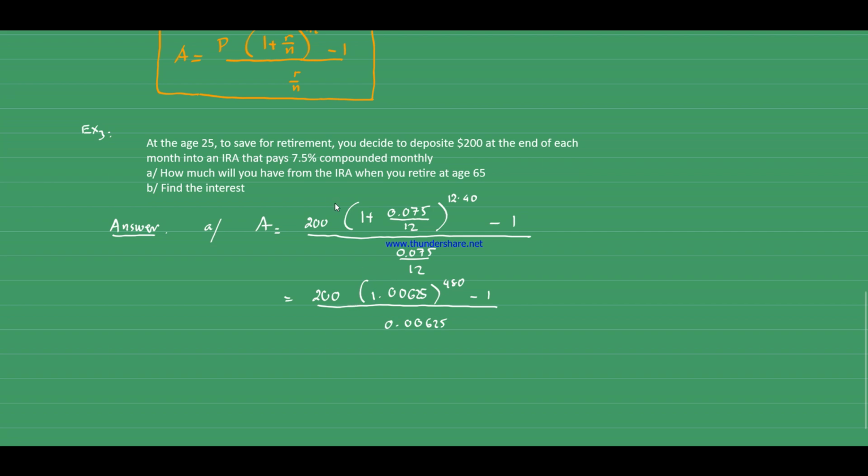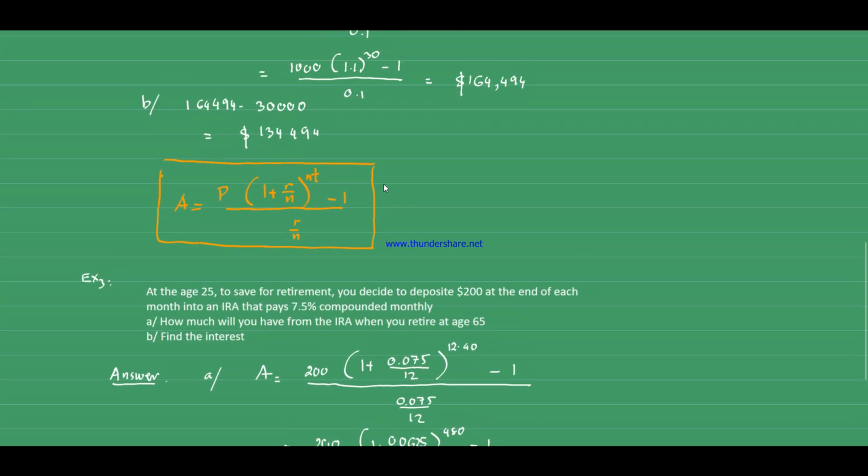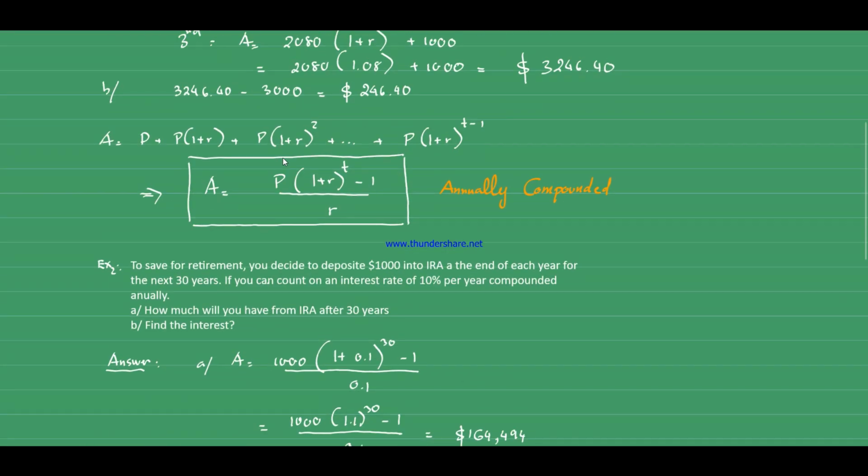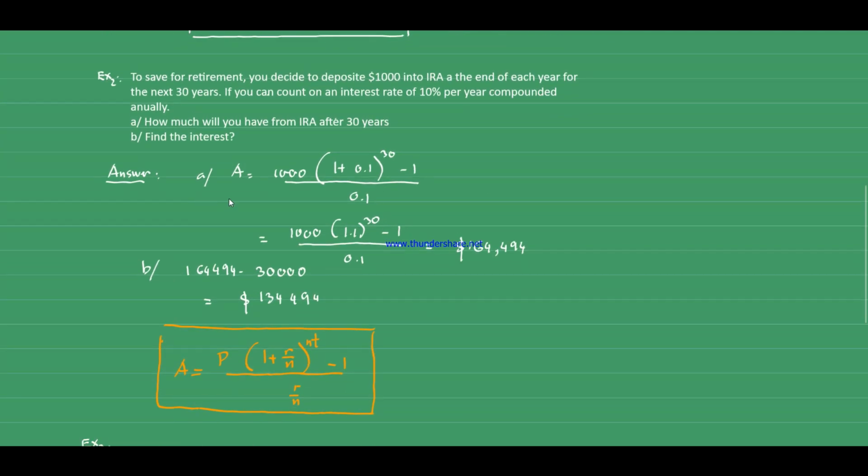Oh, I'm sorry, you have to put the bracket, because if you don't put the bracket, everything is wrong. I forgot to put the bracket here. There you go. Otherwise you're going to have the wrong PEMDAS, meaning you calculate inside the bracket first before you multiply by 200.